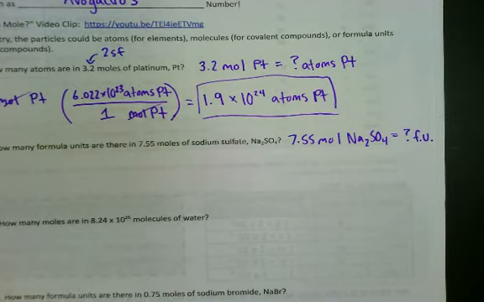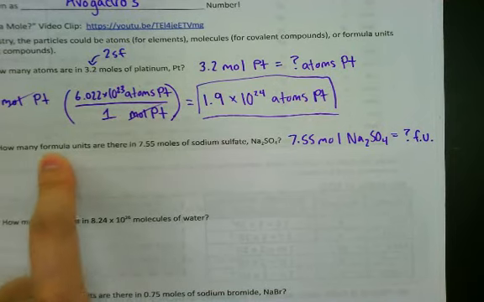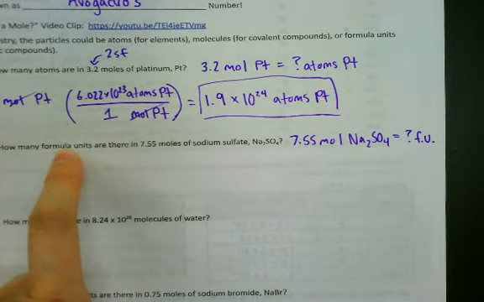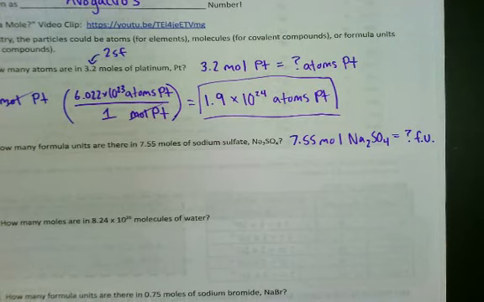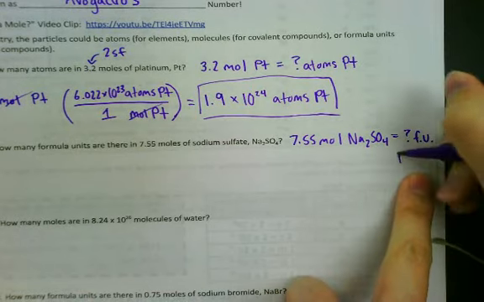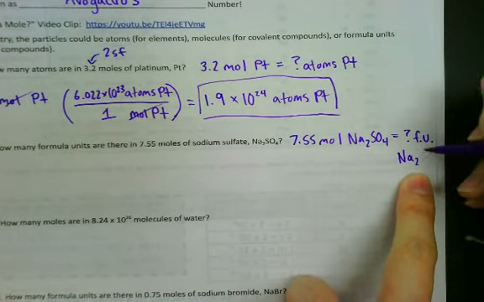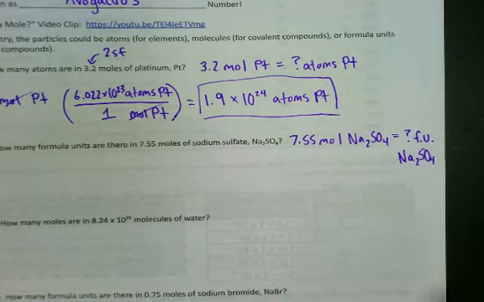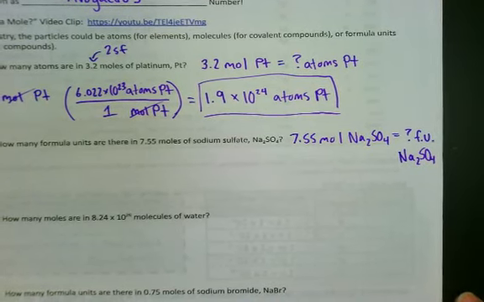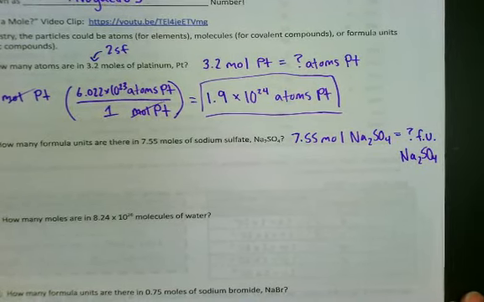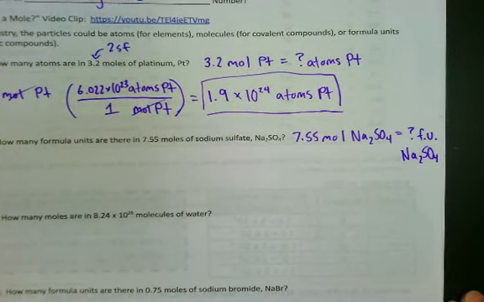I know it is very fun to write this, but keep in mind that you should only use it when you are abbreviating formula units. If I'm asking you for atoms or molecules, please do not write FU on the paper, because I will take off half a point for the unit. So we are looking for the formula units of sodium sulfate. We can abbreviate it like that, because I know that is a lot to write out every single time.